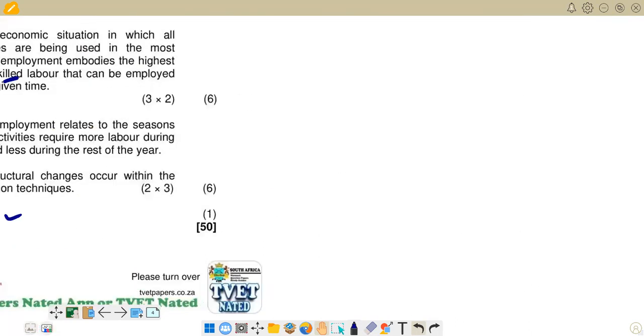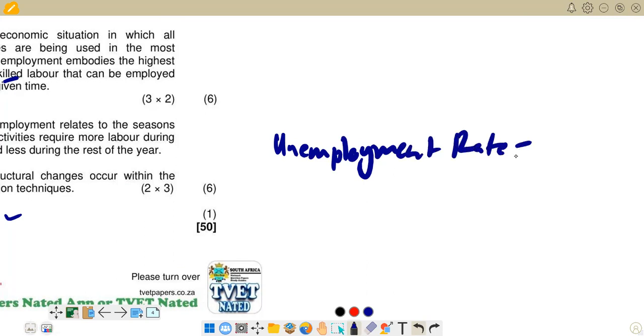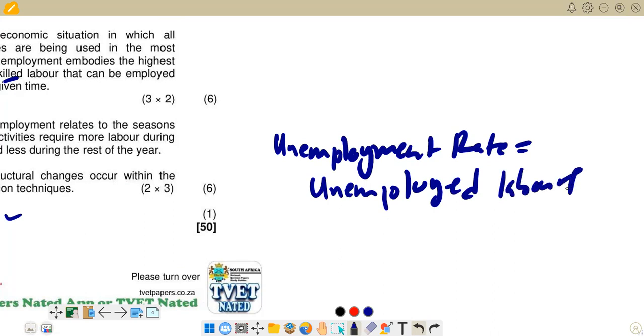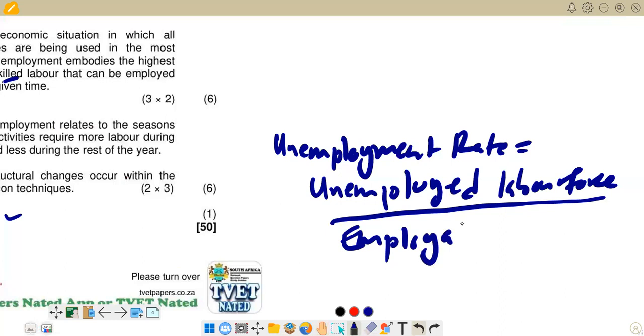When you're calculating unemployment, we can just say unemployment rate is equal to unemployed labor force. This is our numerator. Then our denominator becomes the employable population.